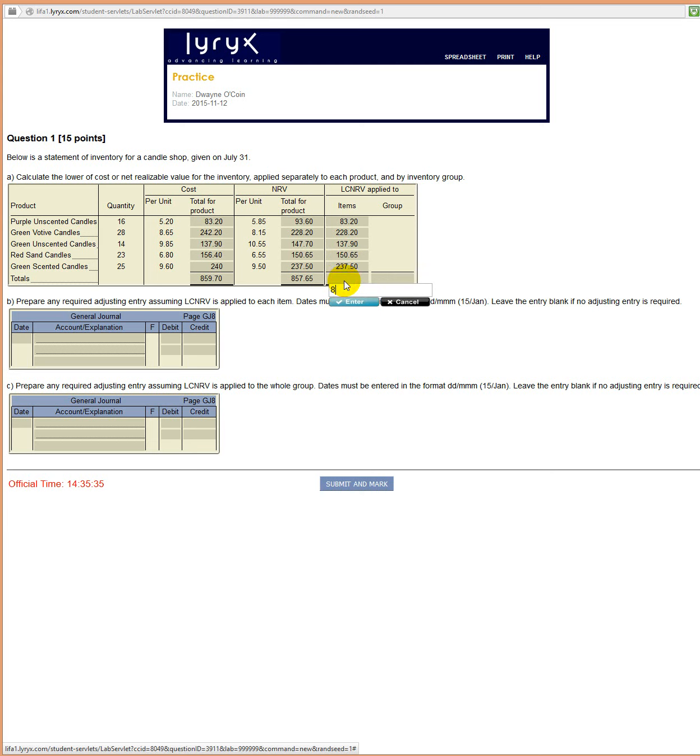So let's add those up. 83.2 plus 228.2 plus 137.9. So the lower of cost or net realizable value applied to individual items is 837.45 because the green unscented candles have gone down in value.